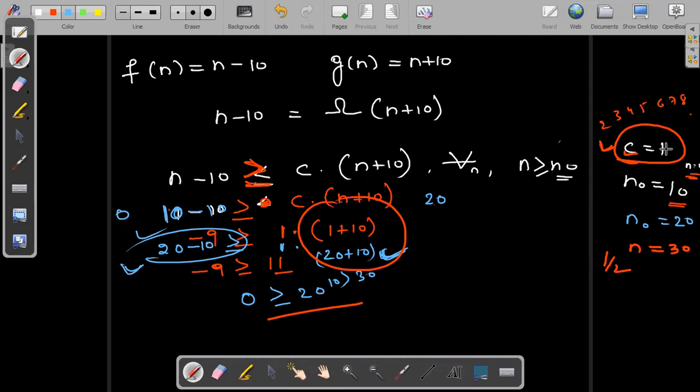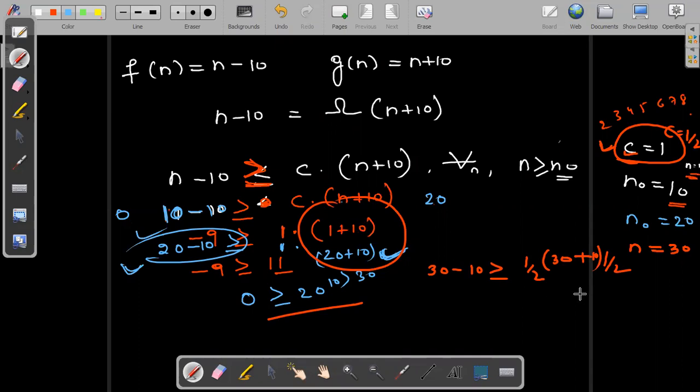30. Again C value is equal to 1 by 2. I told you C value you have to take right now 1 by 2. Now we check. What is the n value right now? 30. 30 minus 10 greater than or equal to c value, 1 by 2, times 30 plus 10.